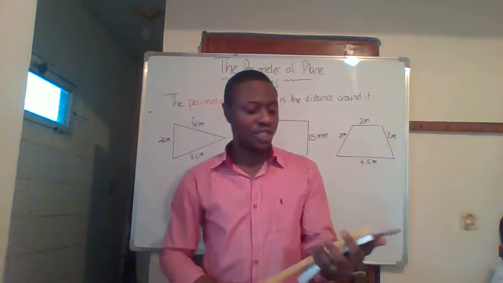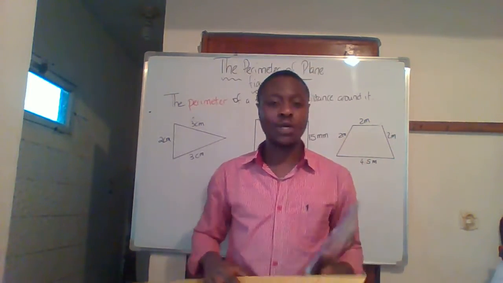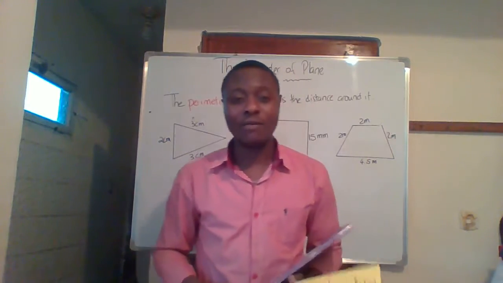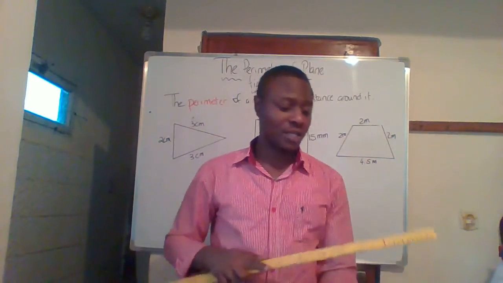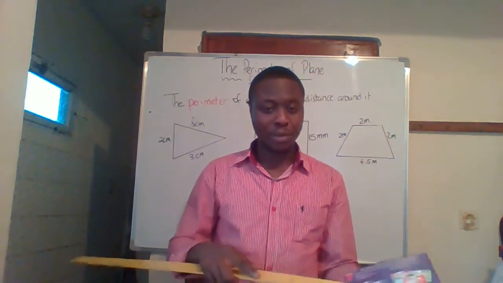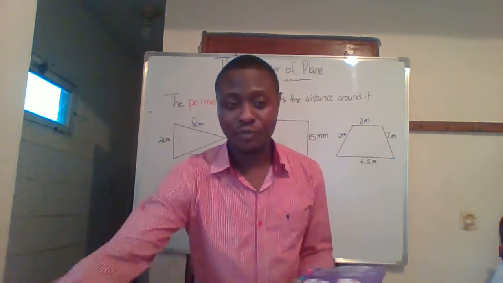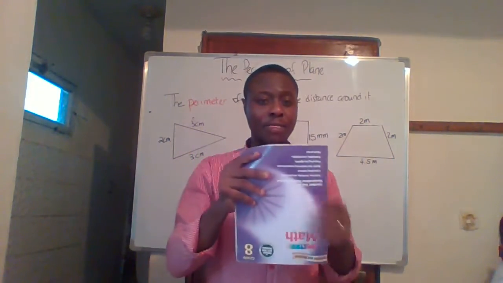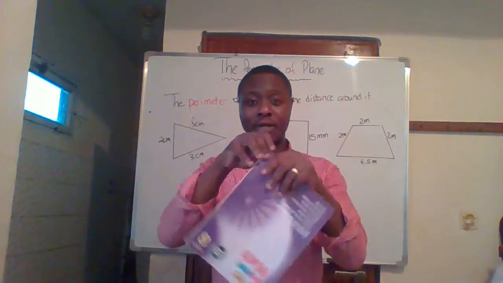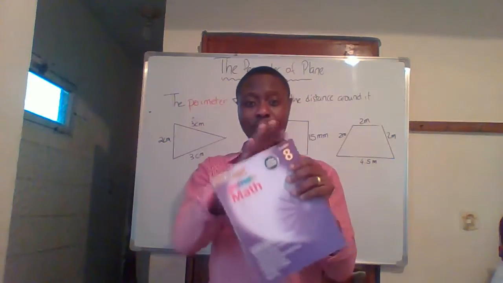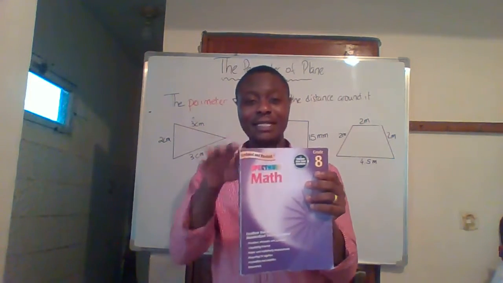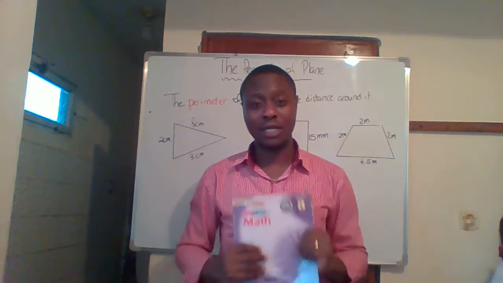So here it's 21, but here it's 27 centimeters. So how do I find the perimeter? I need to add 27 plus 21. You see, 27 here, plus 21 here, plus 27 again, plus 21. This distance all around here is called the perimeter.